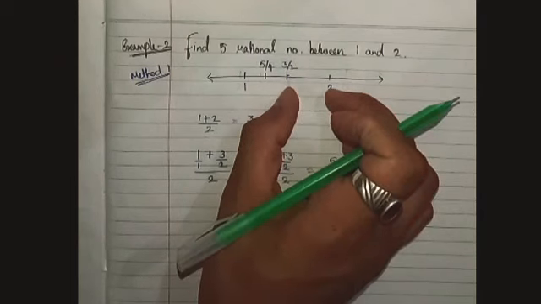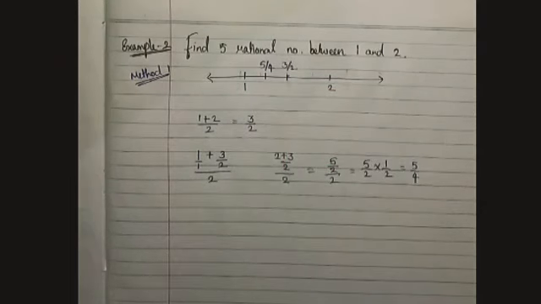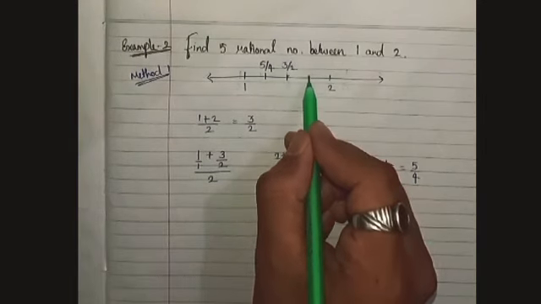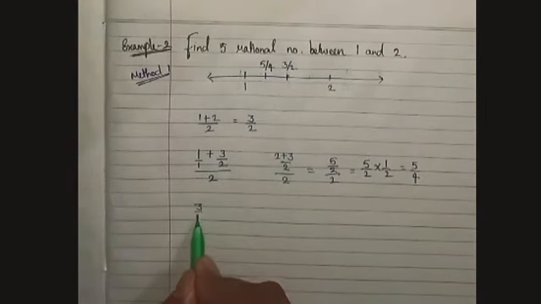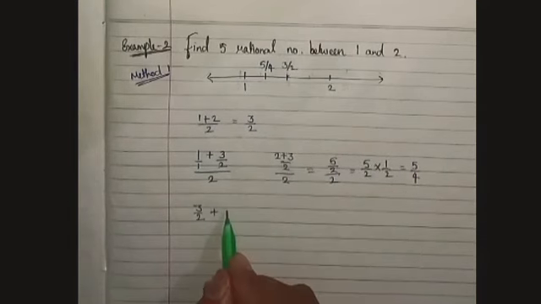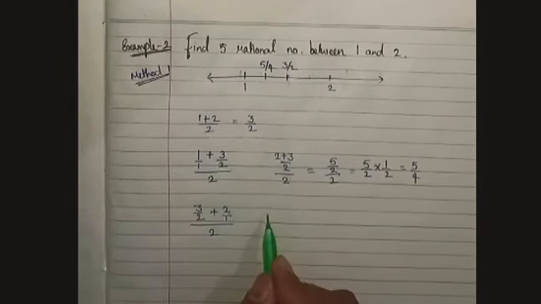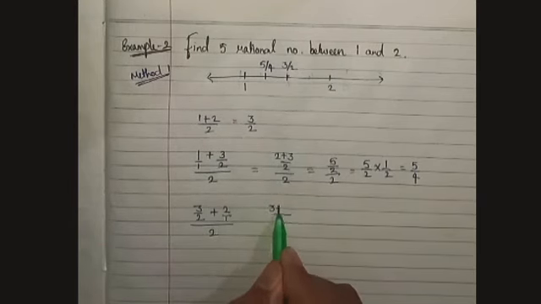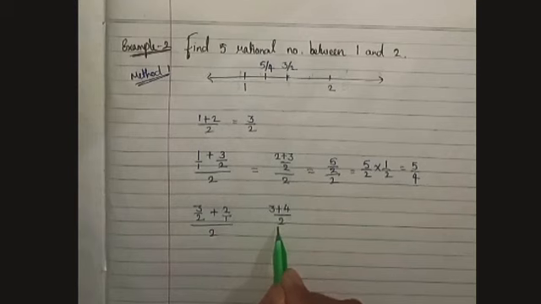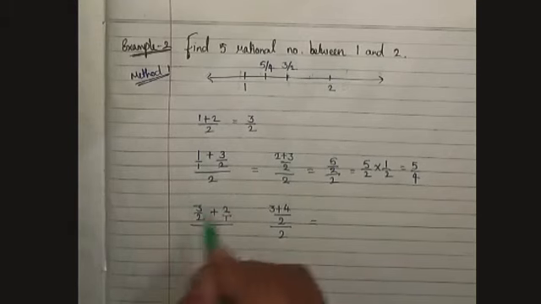Similarly, we can consider these two numbers and we will find the next number. So taking these two numbers, we will find a number which lies between these two, that is 3 by 2 plus this number, that is 2, divided by 2. Again we have to take the LCM here. So the LCM is 2, and 3 plus 2 to the 4 divided by 2. How am I doing this?